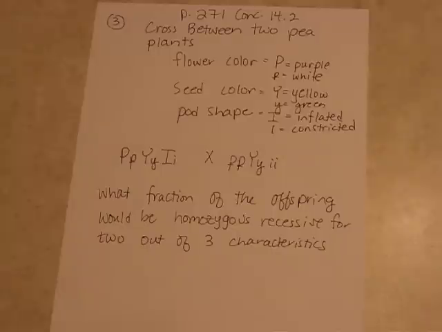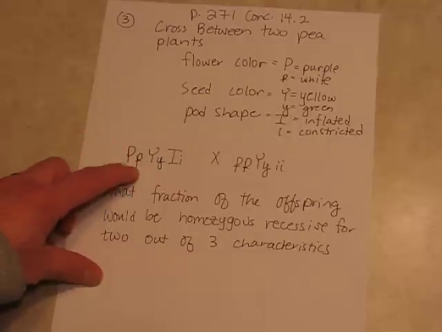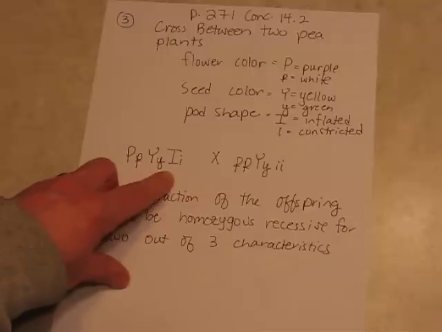So this problem says, number 3, what if 3 characters, flower color, seed color, and pod shape, are considered in a cross between 2 pea plants? And these are the 2 pea plants. Heterozygous at flower color, big P, little p. Heterozygous at seed color, big Y, little y. Heterozygous at pod shape, big I, little i.